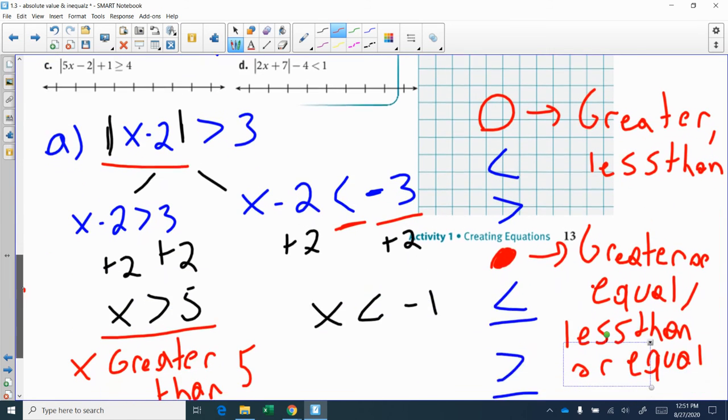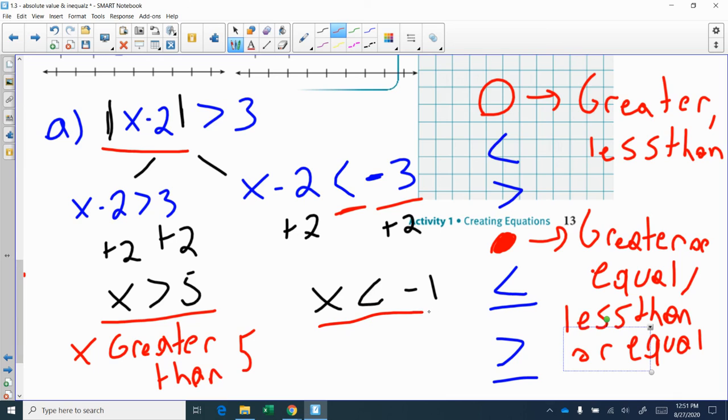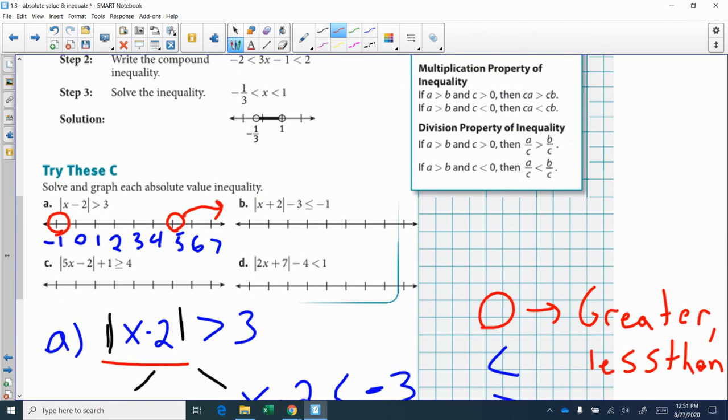I'm going to follow the same process over here. We have to be able to read what this is telling me. And remember, once again, it's always going to open up towards the bigger number. So if it's opening up towards -1, we're basically saying x is less than -1. So same concept. I'm going to come up here. I'm going to see -1 sitting right there.